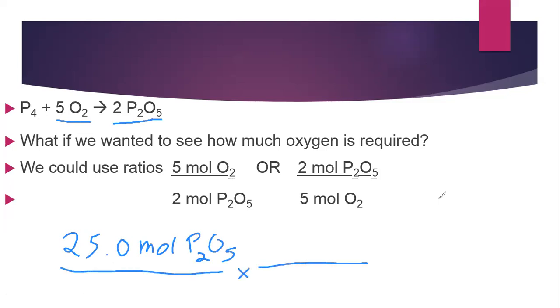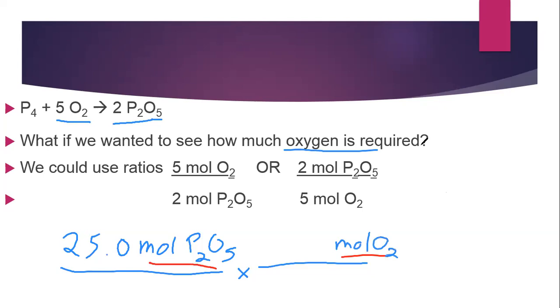And remember our little step. If we have it in moles, then we immediately go to moles of the other. We're trying to find moles of oxygen because it asks how much oxygen is required. So we're going to moles of O2.